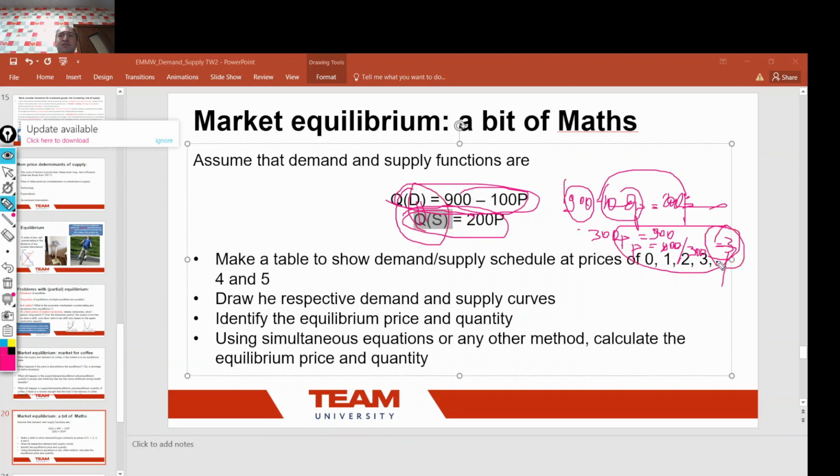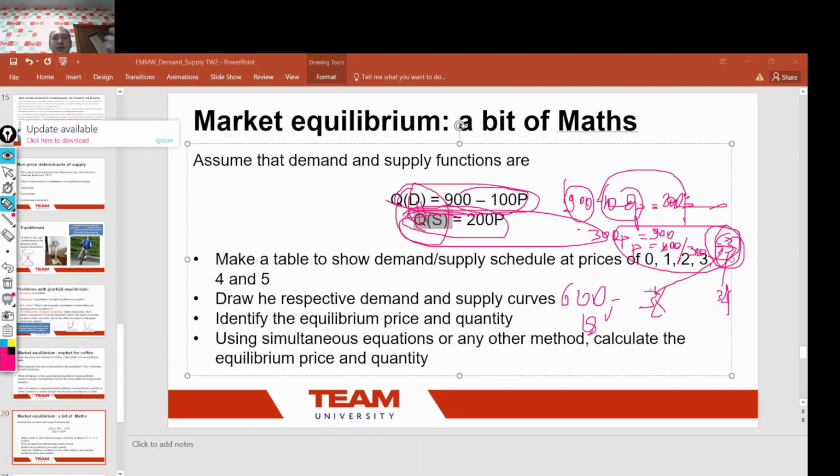The equilibrium price we just found is $3 per unit, and the equilibrium quantity, we already did that analysis in GeoGebra, so we know it's 600, but you can also estimate it by substituting that equilibrium price of $3 into either of these equations. Let's substitute into that simpler one. 200 times 3 is 600. So in terms of quantity, the equilibrium point will have that quantity, and in terms of price, we just found it to be $3.